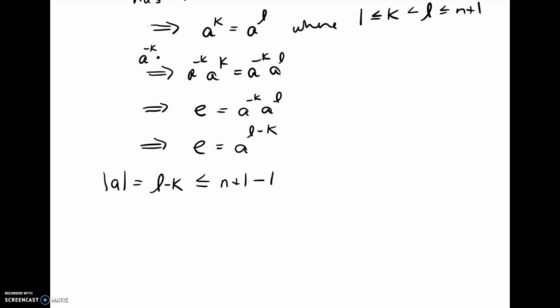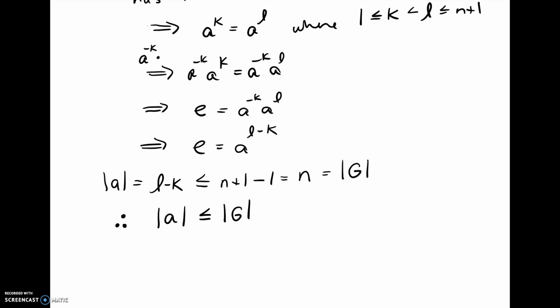So we know it has to be less than or equal to the biggest minus the smallest. And we could simplify that to just n. And we know, because we stated it before, that n is the order of G. So, therefore, we know that the order of a is less than or equal to the order of G.